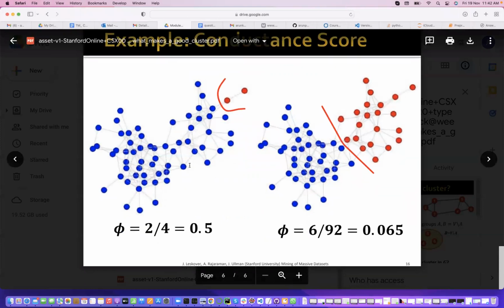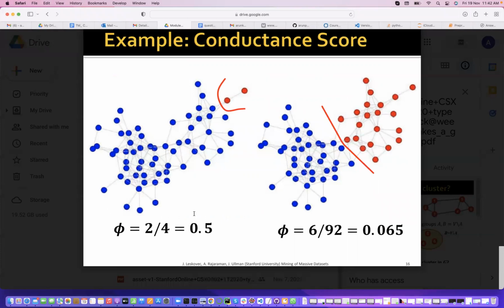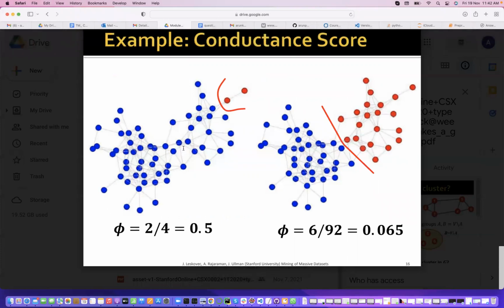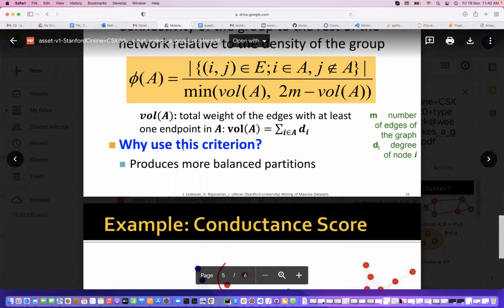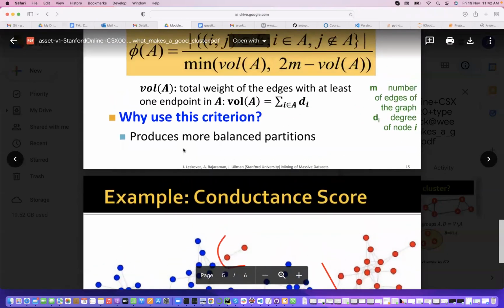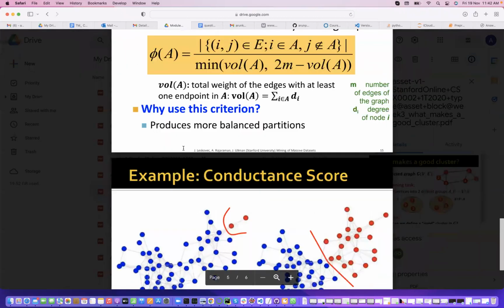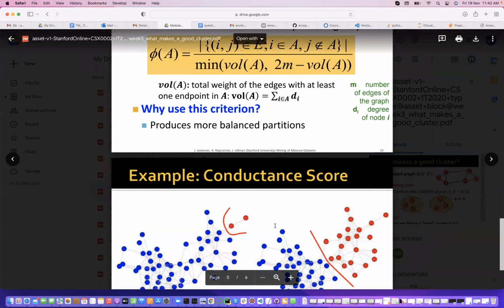So if you compute conductance values for this, pi equal to 2 by 4. How did you get this? What is pi A? Pi A is this definition, right? I'll make it a little bit smaller, then you can see the formula also. Compute by this formula.